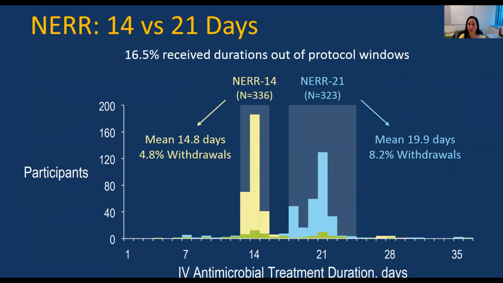And in contrast to the 21-day treatment group, 52 participants had treatments that went short, so that was outside of the plus or minus 3-day window for the 21-day arm, compared to 8 who were treated for durations beyond the protocol window of 24 days, which would be the longest point within protocol in that NERR 21 group. And you can see the mean treatment duration was 15 days in NERR 14 and almost 20 days in the NERR 21-day group.